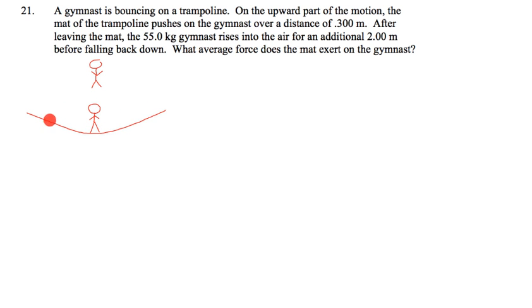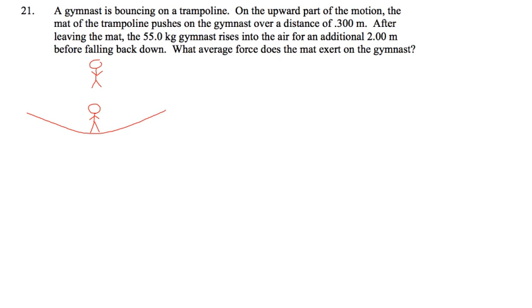When the mat is level, it will be zero. There'll be zero force. Because we're getting the work on the gymnast from the elastic potential energy that's in the mat. So when the mat is stretched, there's elastic potential energy. That elastic potential energy is what does the work on the gymnast.